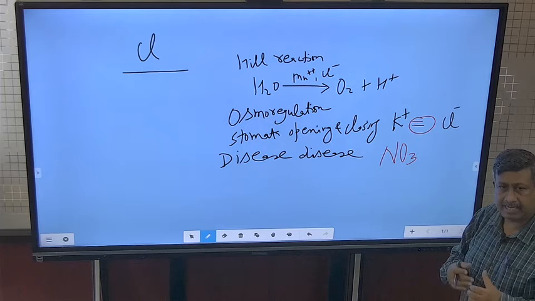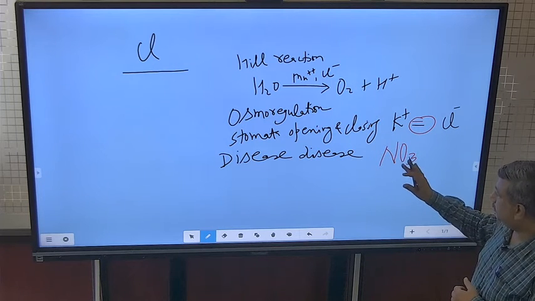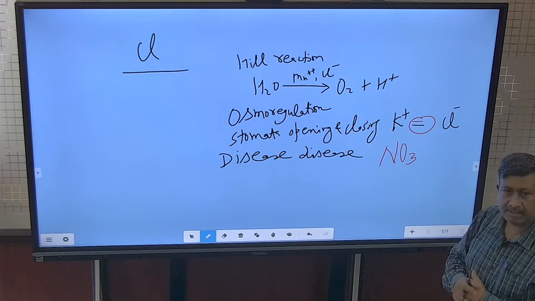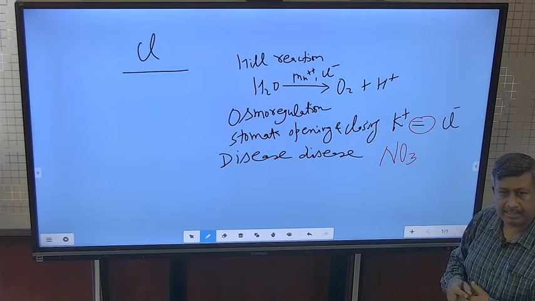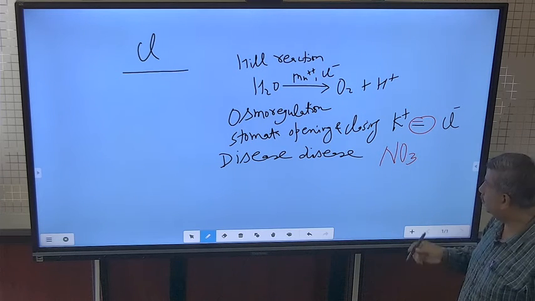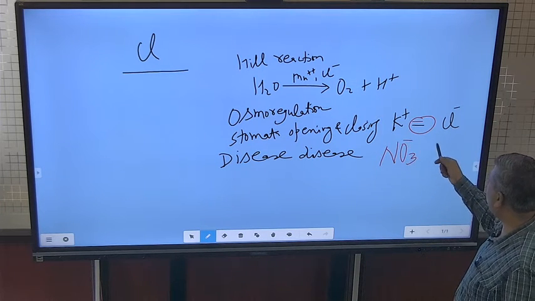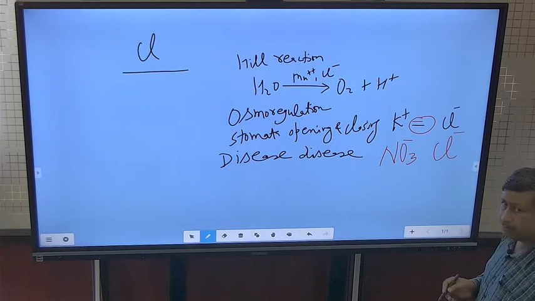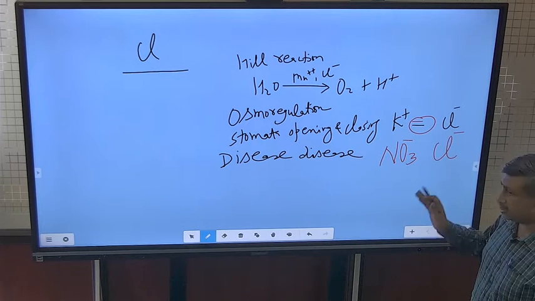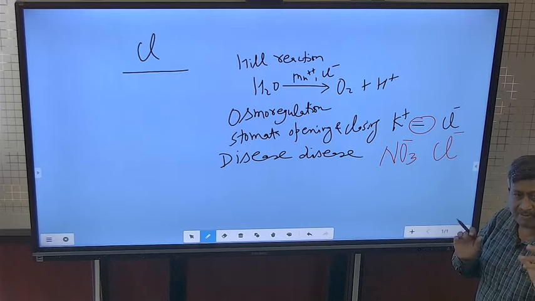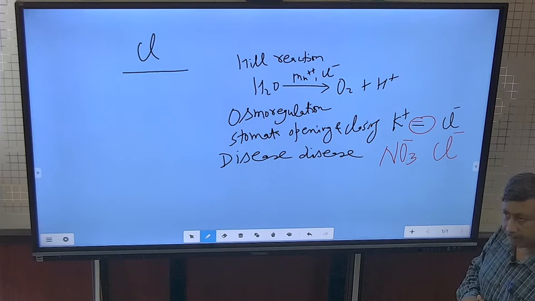So fungus attack, insect attack, and it is observed that many diseases are directly related to the nitrate content. Nitrate is monovalent, chlorine is also monovalent, so both compete for uptake. This may be one of the probable reasons for disease suppression.